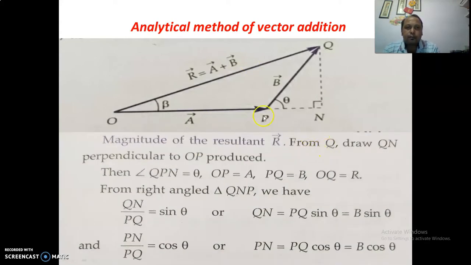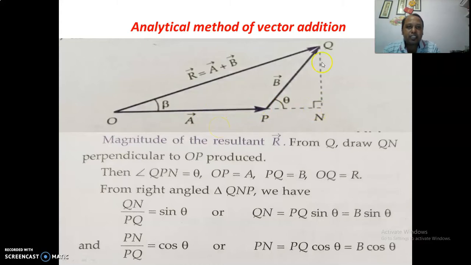From the point Q, we have a triangle here whose two sides are vector A and vector B, OP and PQ, and the resultant is given by OQ, which is vector R. Now from Q we will drop a perpendicular which meets OP at point N. So at point N it makes an angle of 90 degrees.